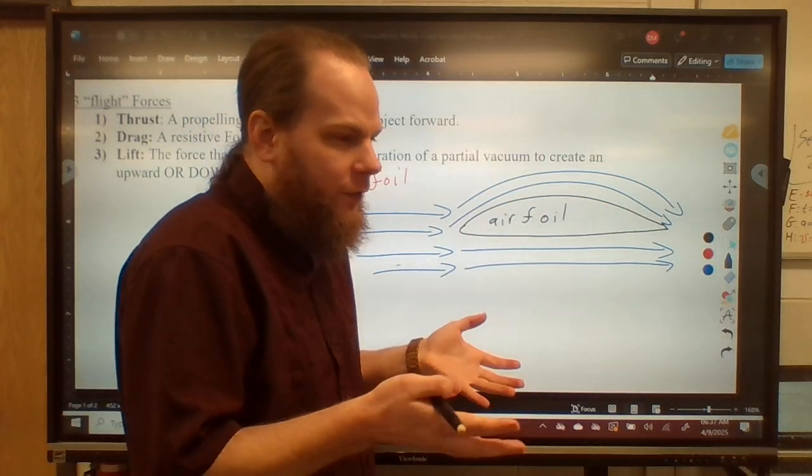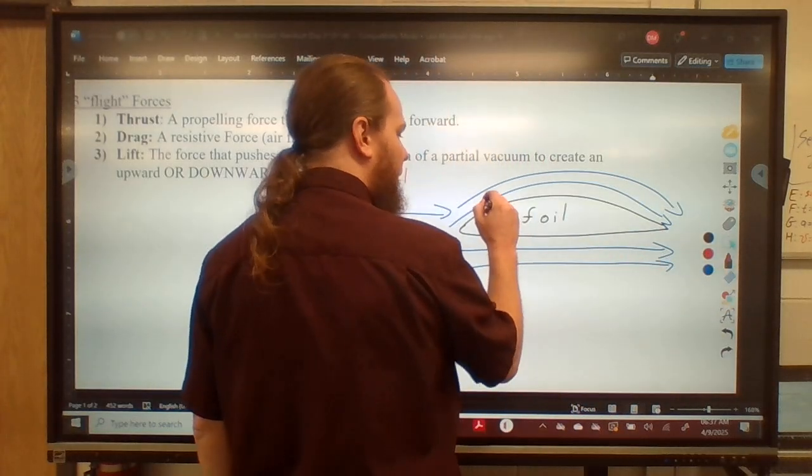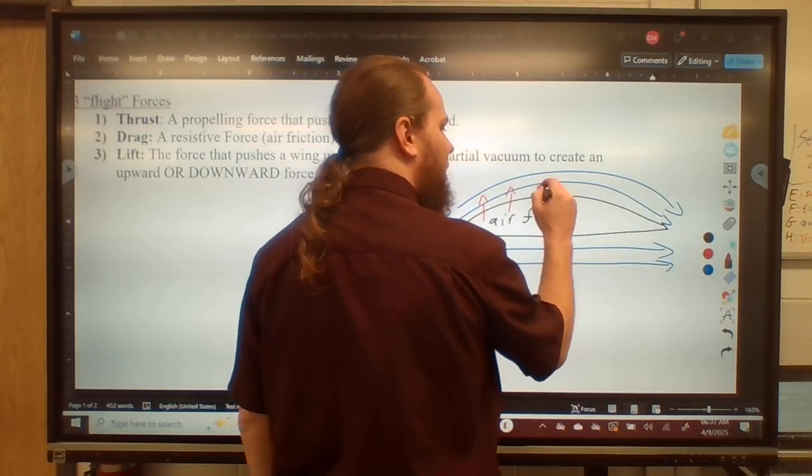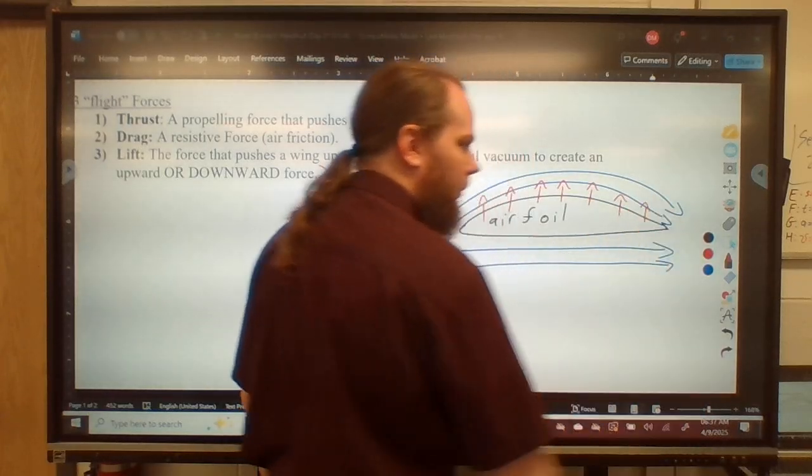And so what that does is it starts pulling up on the wing. And so the wing starts trying to rise because of this partial vacuum.